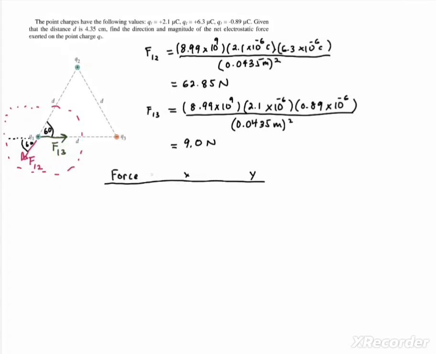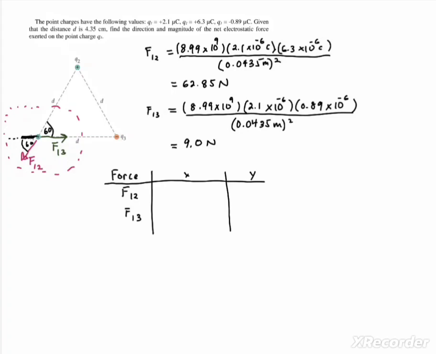So now this has just become a vectors question. We have two forces, F12 and F13. F12, you see that it is in the third quadrant here, so our x and y components are both negative, and the x component is right here.